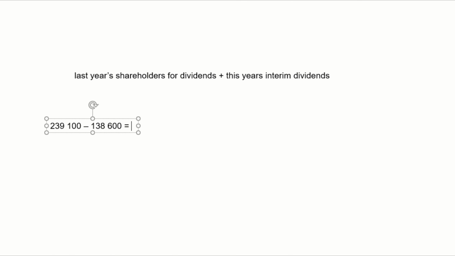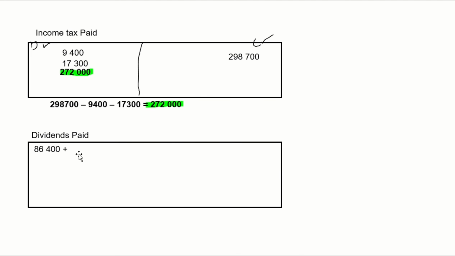So now feel free to punch your calculators at this moment. Punch your calculators and let's get the answer. Now, after punching our calculators, we get our answer as 100,500 rands. Alright, so now we're gonna take this 100,500, and add it with last year's shareholders for dividends.